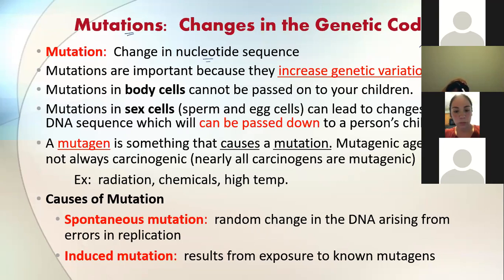But what if, because of a mutation, I do not have AUG, I have AAG? What will happen? The cell cannot start protein synthesis, and my body cannot make any insulin hormone. So that's the mutation, a change in the nucleotide sequence.